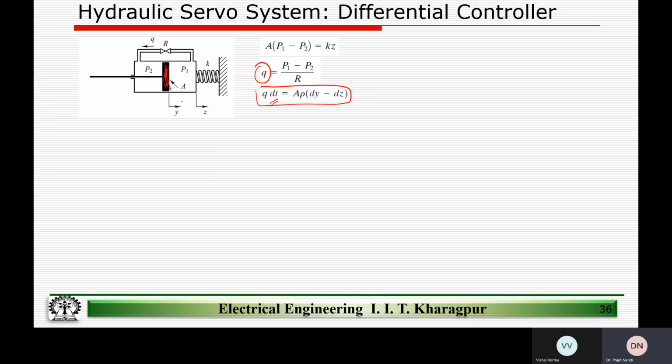Z moves somewhat and y moves somewhat else, because of the spring.